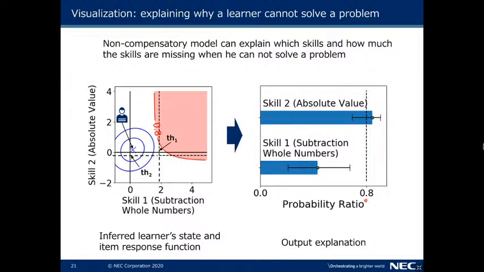In this case, the problem requires two skills: one is subtraction of whole numbers, and the second is absolute value. This dotted line is a threshold, and this learner is predicted to not be able to solve this problem. So he needs to improve. He needs to train skill number 1.